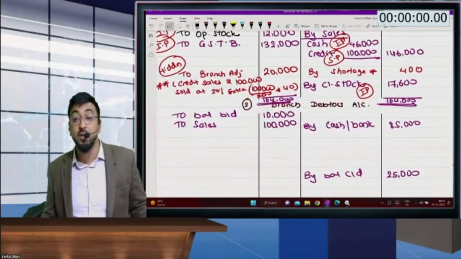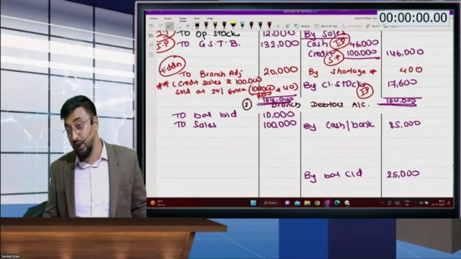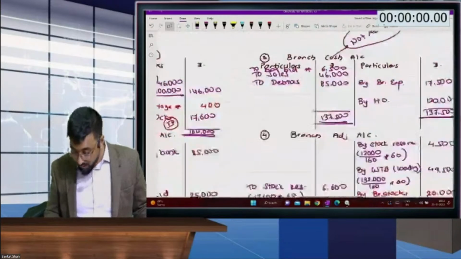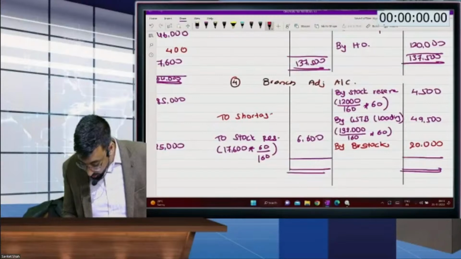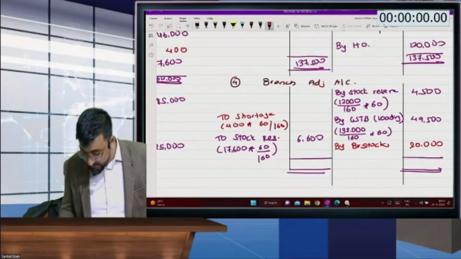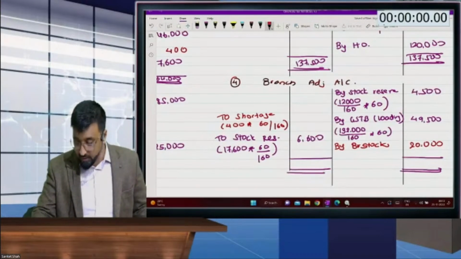Most difficult question for branch stock account. शॉर्टेज का लोडिंग कैंसिल होगा ब्रांच एडजस्टमेंट में, red pen to shortage 400 into 60 upon 160. So this is also at invoice price.